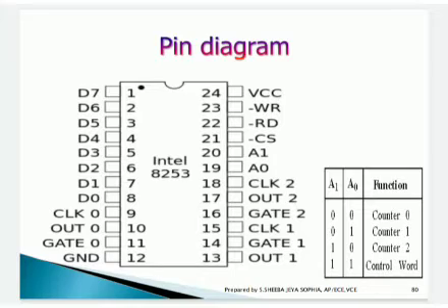You can see the tabulation of these address pins. If you give 00, counter 0 is selected, 01 counter 1 is selected, 10 counter 2 is selected, and 11 the control word is selected.